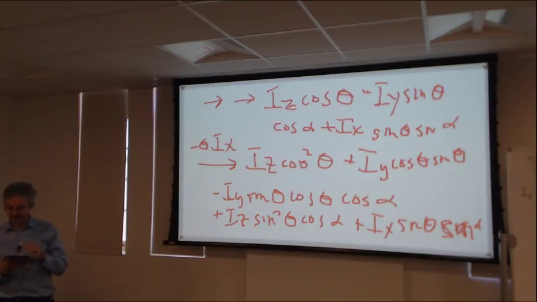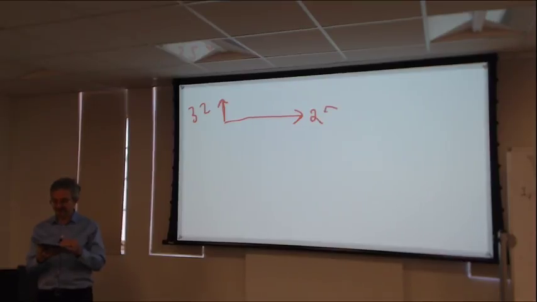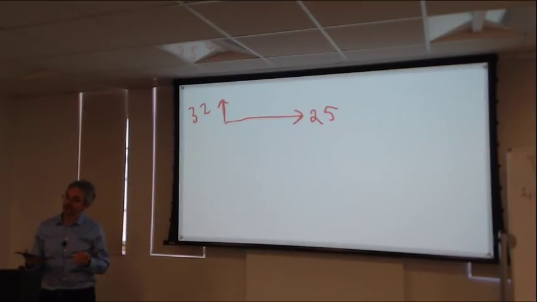The other way of doing the problem is an approximate way. We have this situation, 3.2 kilohertz offset and 25 kilohertz B1 field.